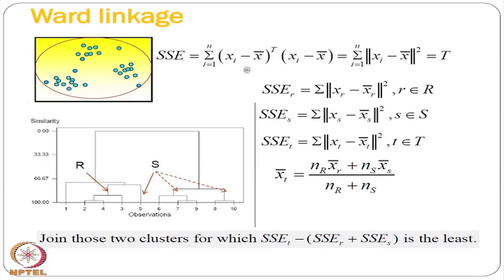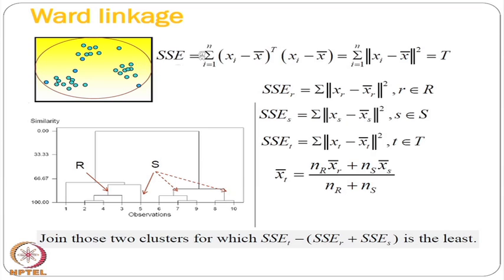These errors are basically the distances between objects within clusters as well as between clusters, and they are a measure of heterogeneity. So, when everything belongs to one group, if it is completely homogeneous, the distance will be 0. So, in that sense the error quantity will be 0.